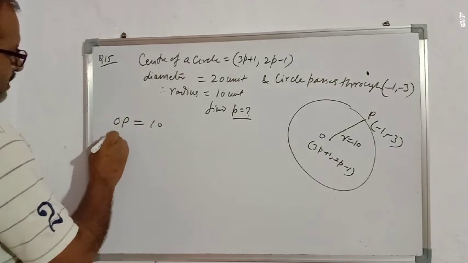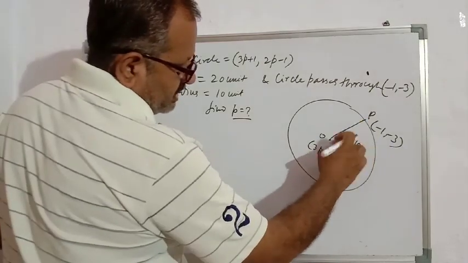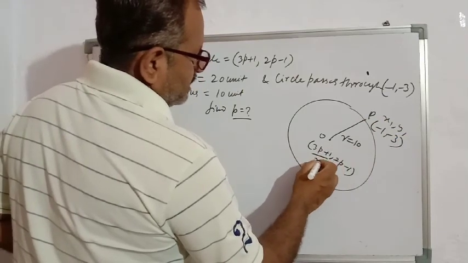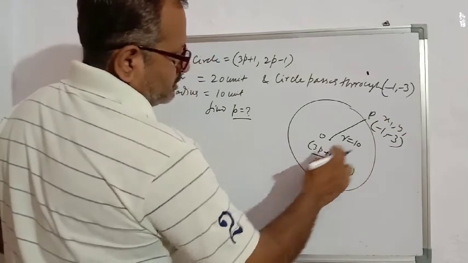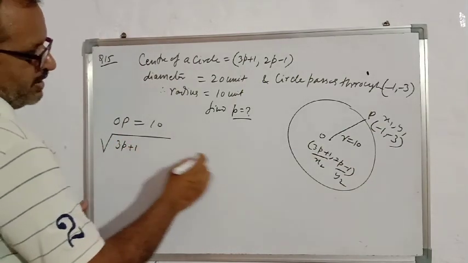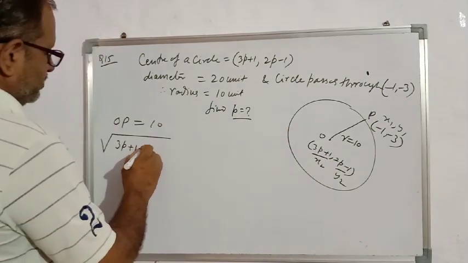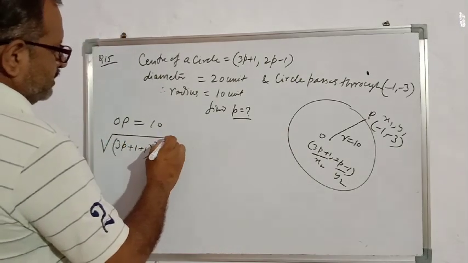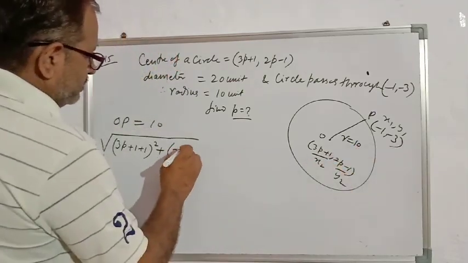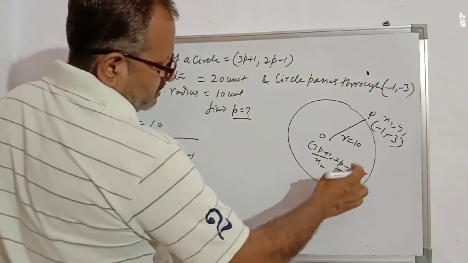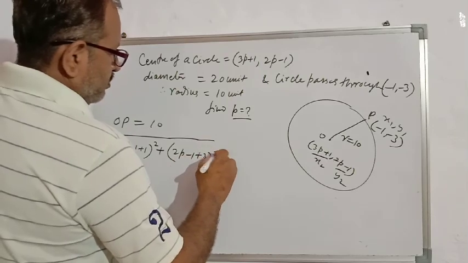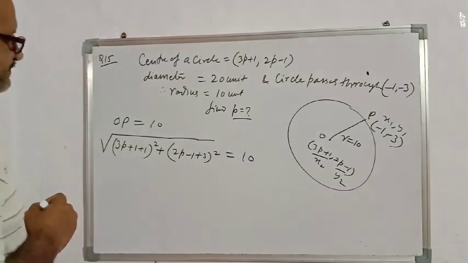How will we find OP? OP we will find using the distance formula. Suppose this is x1, y1 and this is x2, y2. So x2 minus x1: 3p plus 1 minus of minus 1, again plus 1, whole square, plus y2 minus y1: 2p minus 1 minus of minus 3, so plus 3, whole square is equal to 10.